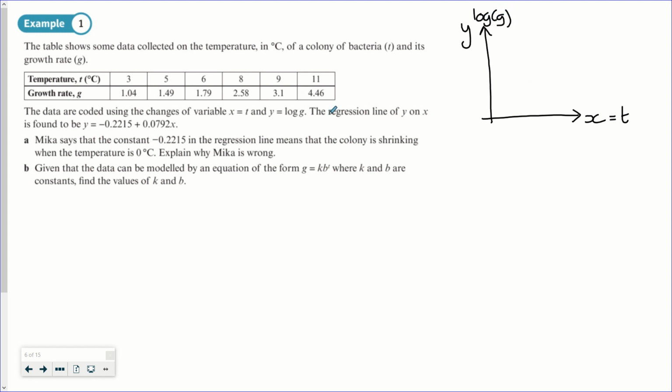And then this part where it says the regression line of y on x can be found to be that, basically means that when they plotted these points, they all lay on a line, or this is their line of best fit. Okay, so that's what this question is getting at. The regression line is a line of best fit.